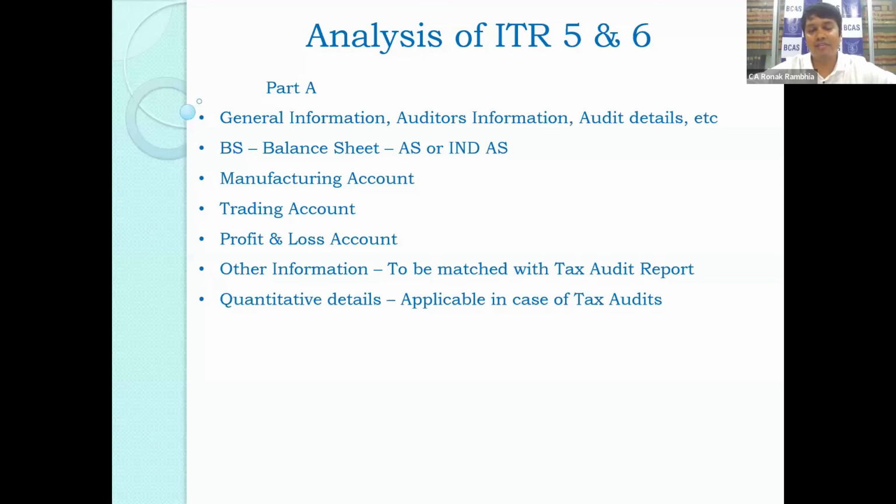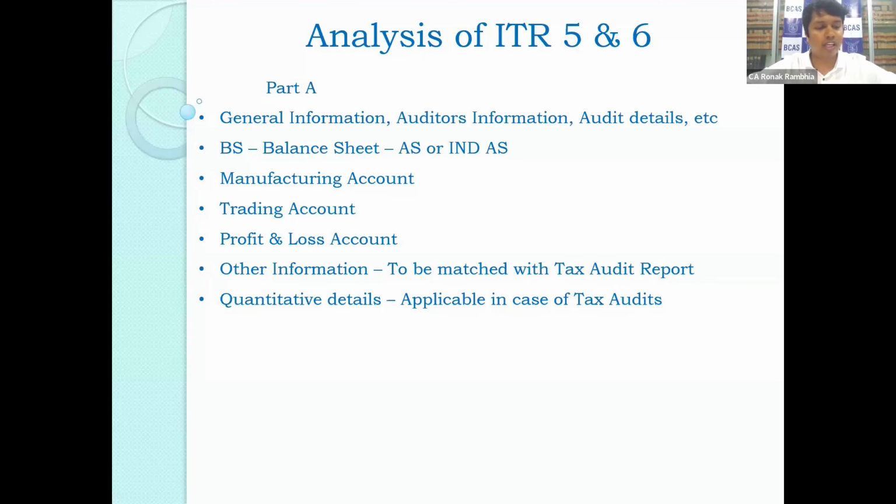Then comes the other information which is mandatory for the tax assessees to whom tax audit is applicable, and this is the schedule which is normally matched with the tax audit report by the income tax department. Also, there are quantitative details which are also applicable in case of tax audits. Quantitative details currently are the trading account details, the manufacturing account details, where one has to mention the quantity details movement during the year.